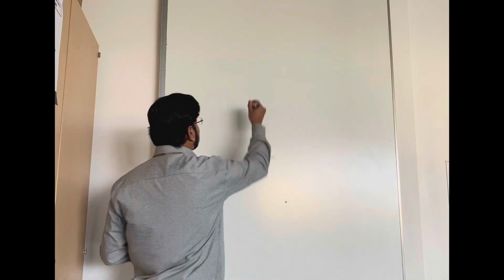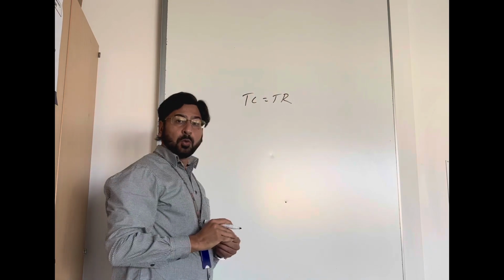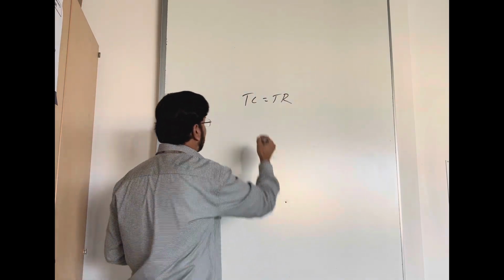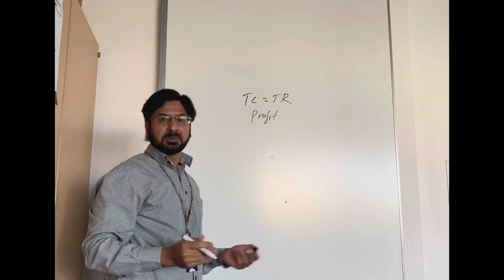Technically, when we are doing break-even analysis, we are either trying to find the point where the business is at its break-even, which means TC equal TR, or we want to know profit, or the business might be making a loss.